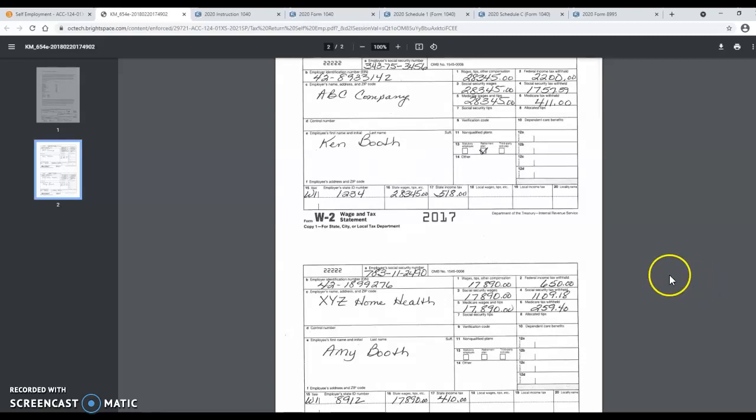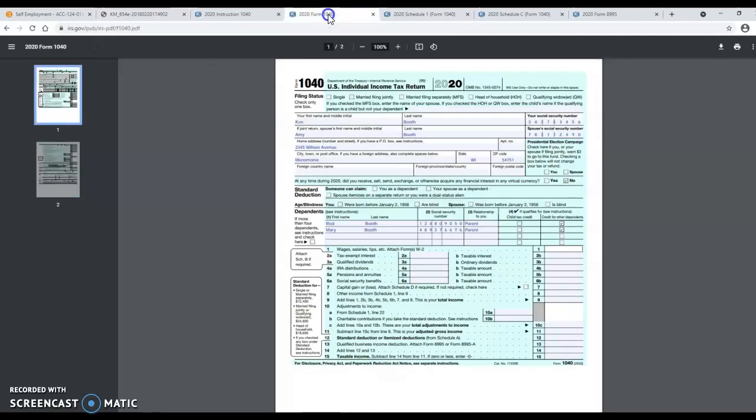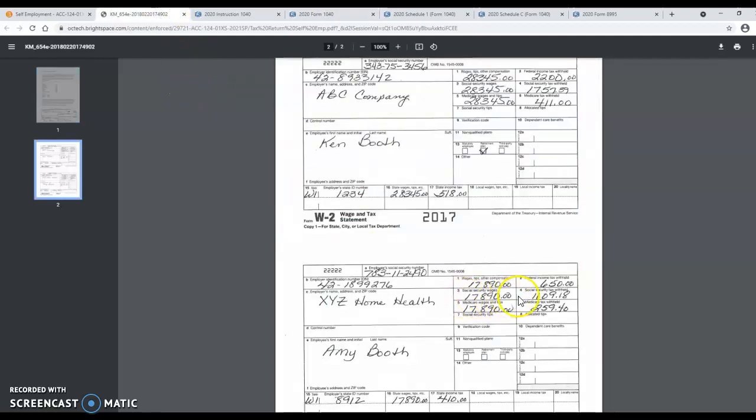So that's 46,235 total. We could also put in the federal income tax, $2,200 and $650. So together that is $2,850.